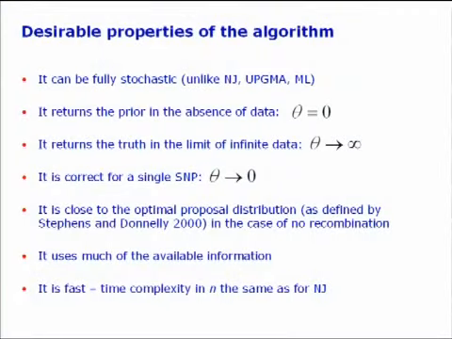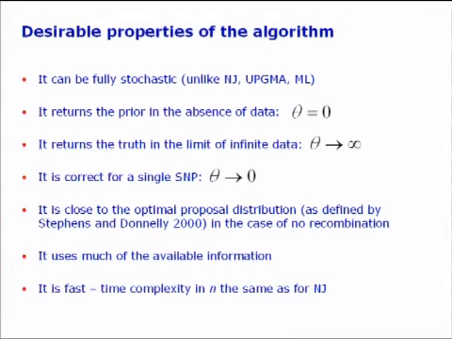What does the algorithm do? Is it a good algorithm? Well, you've got to try and decide what are good properties for any such algorithm to estimate local trees along a genealogy. Here are some properties that this algorithm has, which I think are desirable. It can be fully stochastic, unlike things like neighbor joining, UPGMA, or maximum likelihood. It returns the prior in the absence of data, which seems fairly sensible.